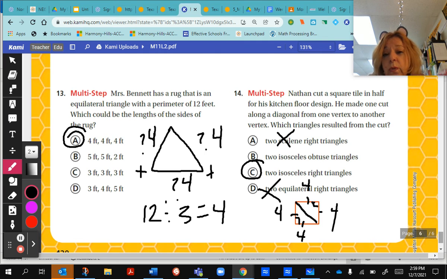You have an acute, which is less than 90 degrees. You have the equilateral triangle, which means all sides are equal. Isosceles, you have 2 sides that are equal. Scalene, we talked about like the music scale, do, re, mi, fa, sol, la, ti, do. That means that no sides are equal to each other.